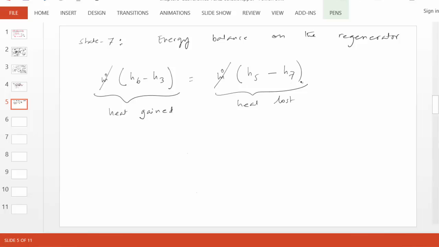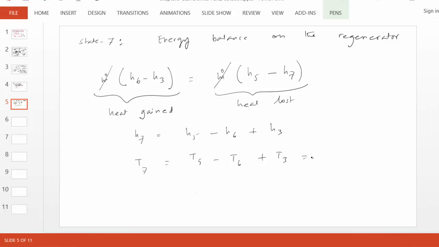So if we get both the formulas, for the enthalpy the formula will be H7 equals H5 minus H6 plus H3, and if we do for temperature, it should be T5 minus T6 plus T3.